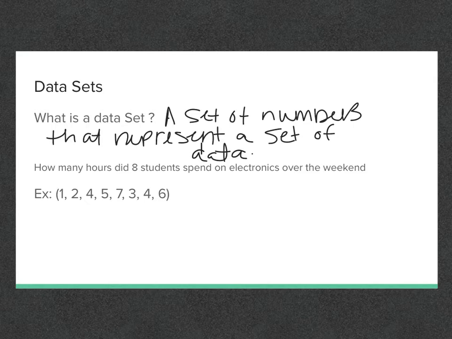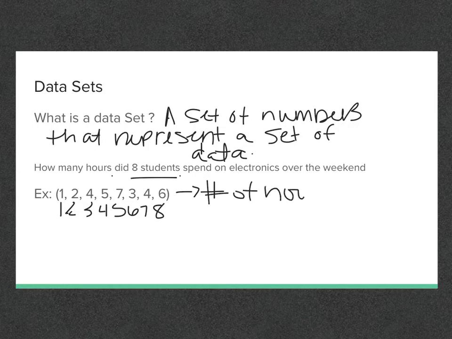And in this example, I have 1, 2, 3, 4, 5, 6, 7, 8 numbers in my data set, which represent these 8 students that I've asked on how many hours they've spent. So the different values in here, the 1, 2, 4, 5, that's the number of hours that each student has spent.